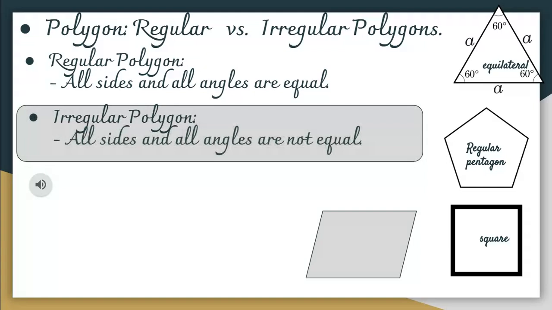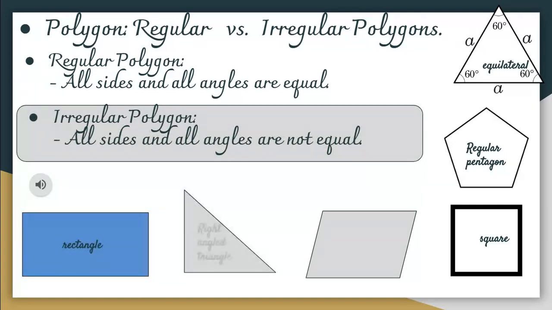So either all three angles are different, or maybe two angles are the same but one angle is different. Here all sides and all angles will not be equal. So think of any triangle other than the equilateral triangle. That would be an irregular polygon.